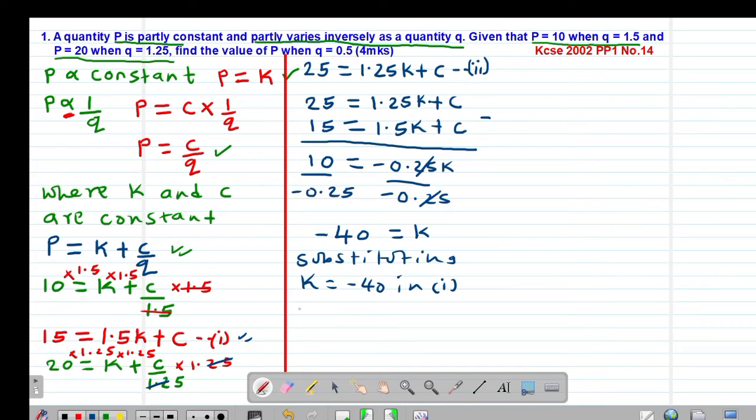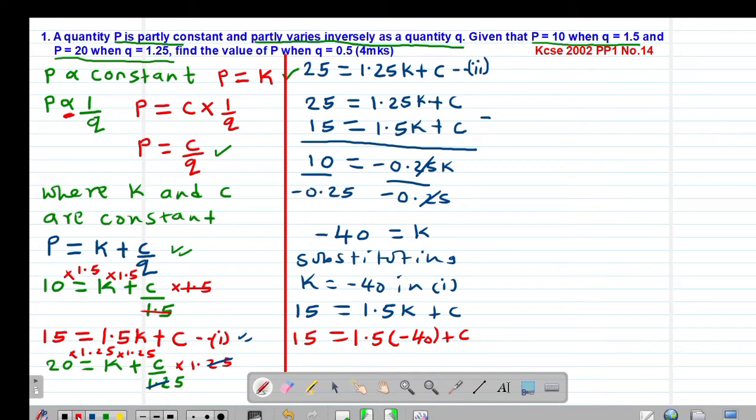So equation Roman 1 was 15 is equal to 1.5k, then of course plus c. So if I substitute, I'm going to have 15 being equal to 1.5 times k, the value of k is negative 40, then of course I'm going to add c.